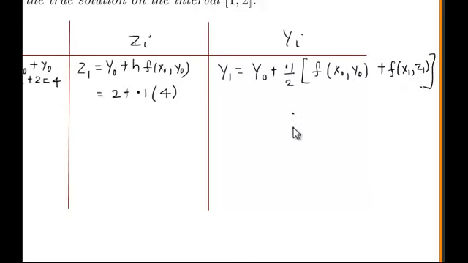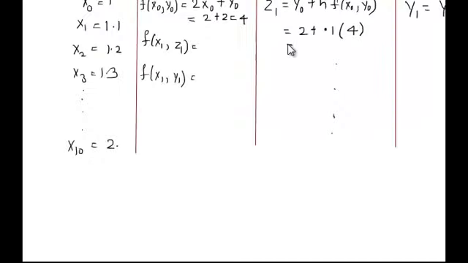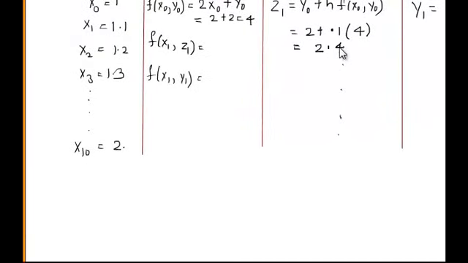So like this we need to fill in the table. So let's compute: z1 is here 2.4, and what is y1? Let's find the values here and then plug them back in the table. So z1 we got 2.4.